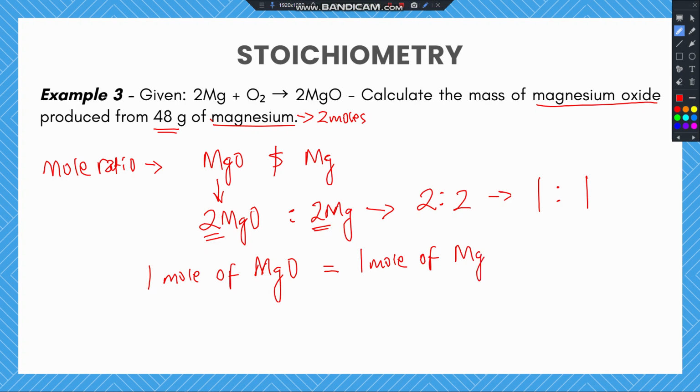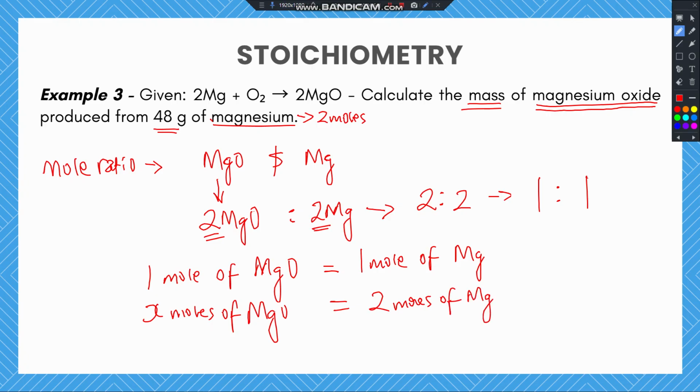The next thing to do would be to apply that mole ratio to get the number of moles of magnesium oxide and convert that into the mass. So therefore, under this we'll write X moles of magnesium oxide, MgO, will be produced by 2 moles of magnesium. How do we get these 2 moles?